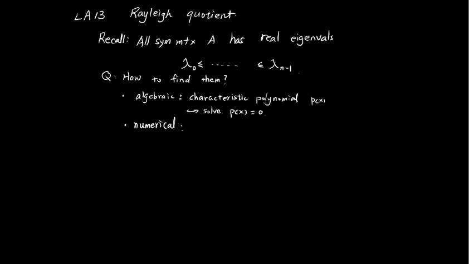The other way is the numerical way. It will give you an approximation of the eigenvalues. Although it is not precise, it is more straightforward. That's why we are going to talk about the Rayleigh quotient, and later in the next lecture, we are going to talk about the power method.